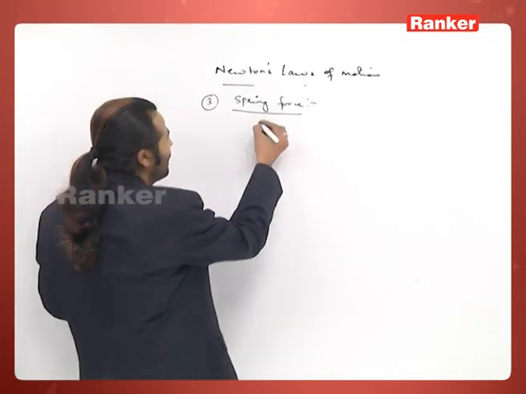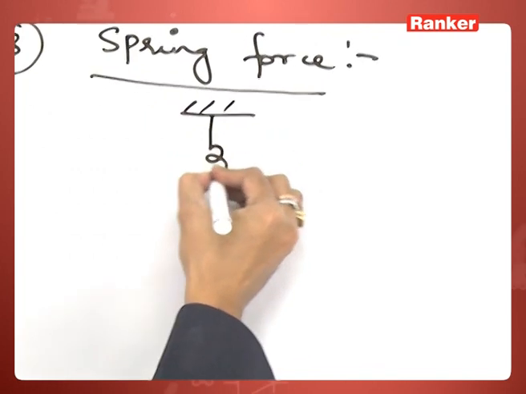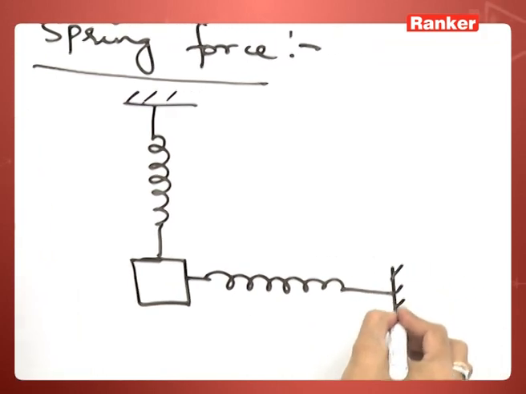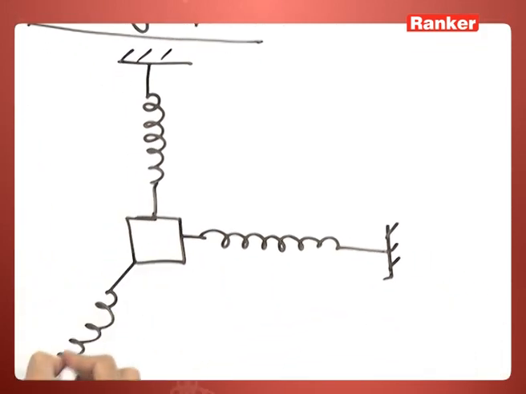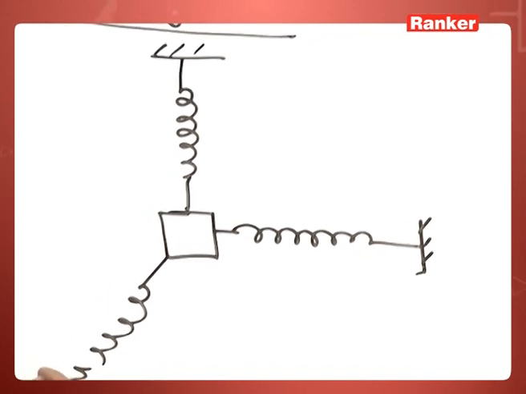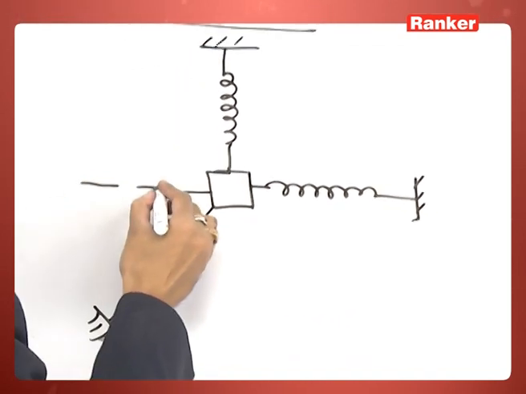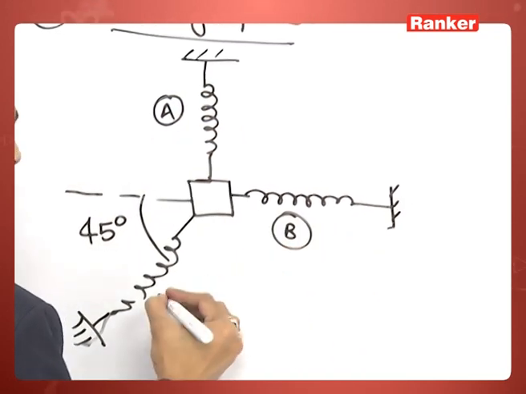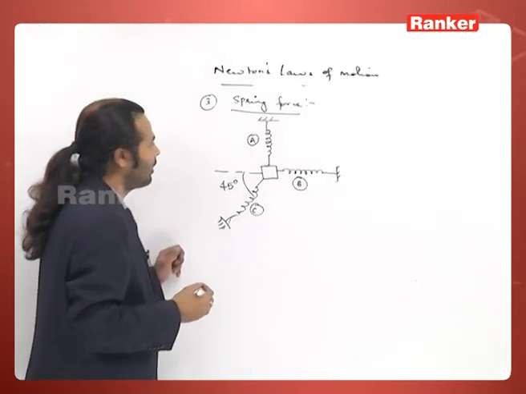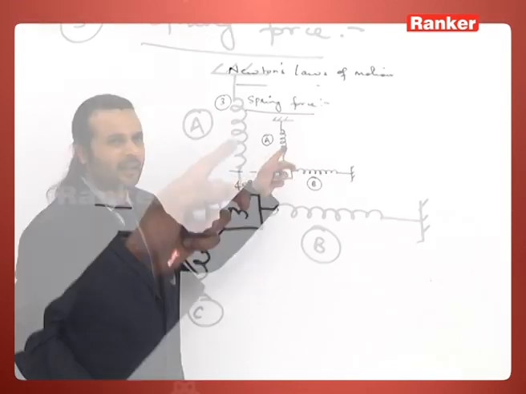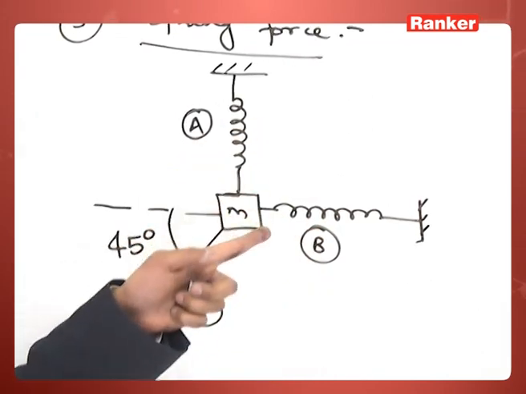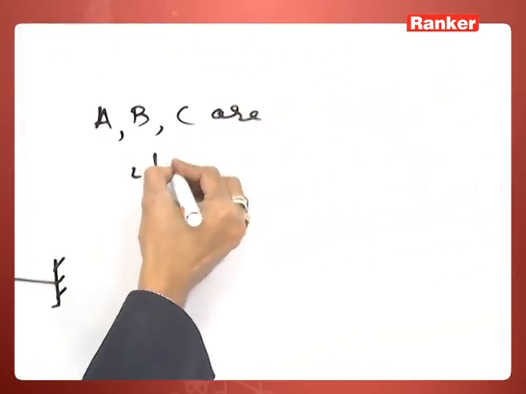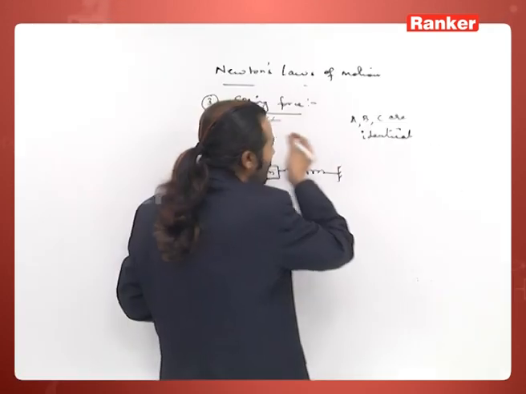Let us have a very simple problem related to all these springs. Now, these are all identical springs: spring A, spring B, spring C. A, B, C are identical. Now, what happens?